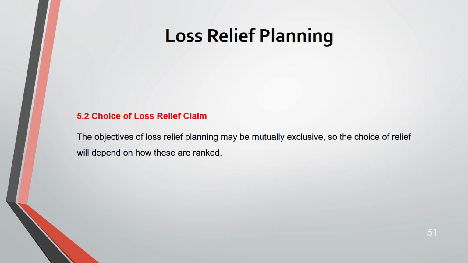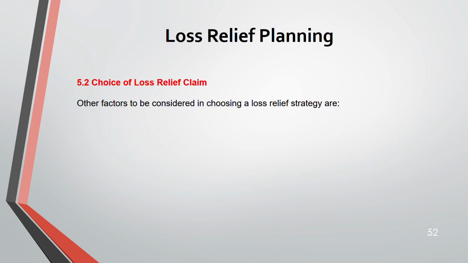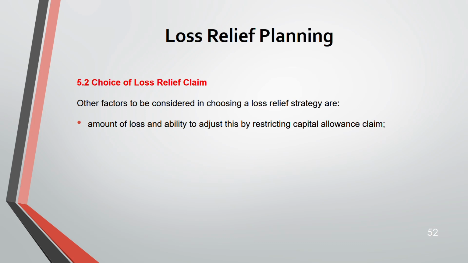Moving on to the choice. Choice will depend on how they are ranked. So it depends on the preference of the particular taxpayer. They will give it in the question. Now, other factors. What is the amount of the loss and the ability to adjust this by restricting capital allowances?